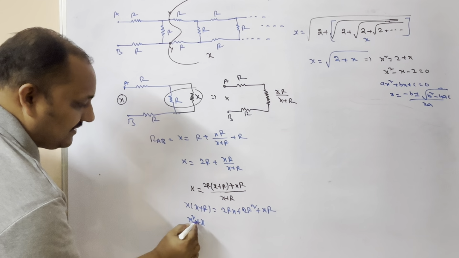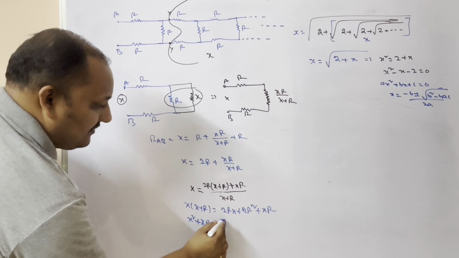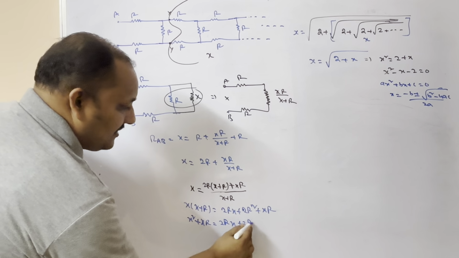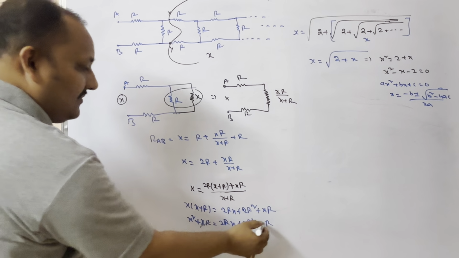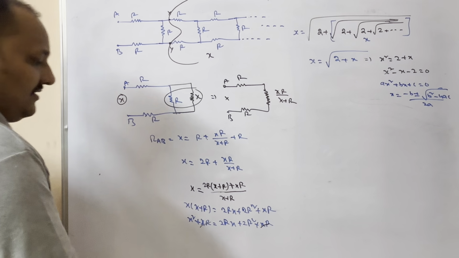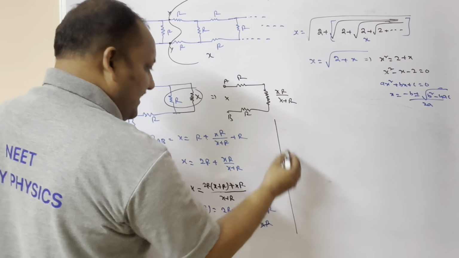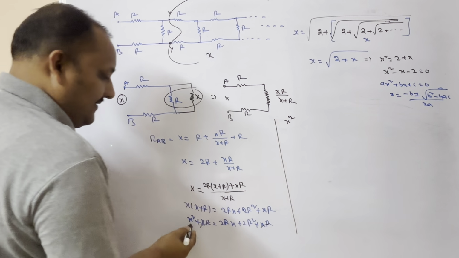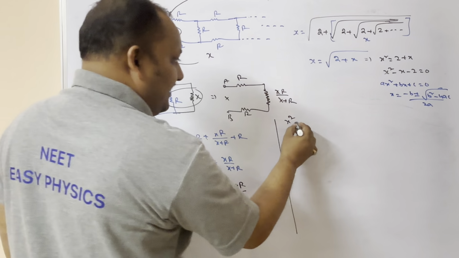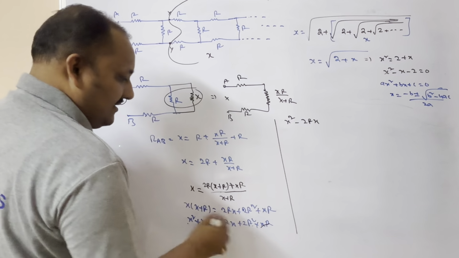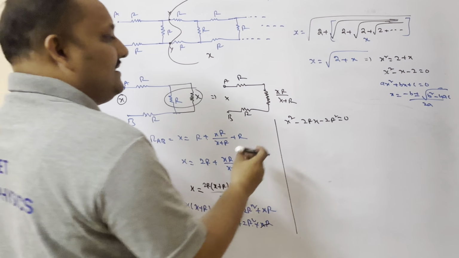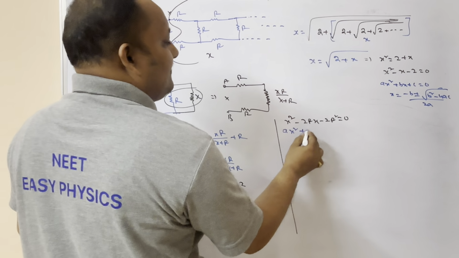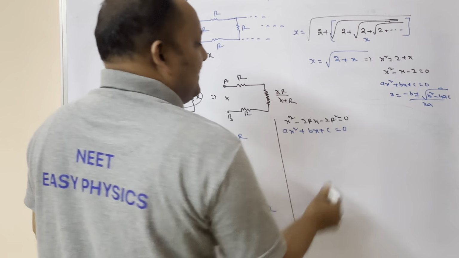X square plus xr equal to 2rx plus 2r square plus xr. So this xr will be cancelled. Now from this equation, x square, if you bring to the left side, minus 2rx minus 2r square equal to 0. This is in the form of ax square plus bx plus c equal to 0.